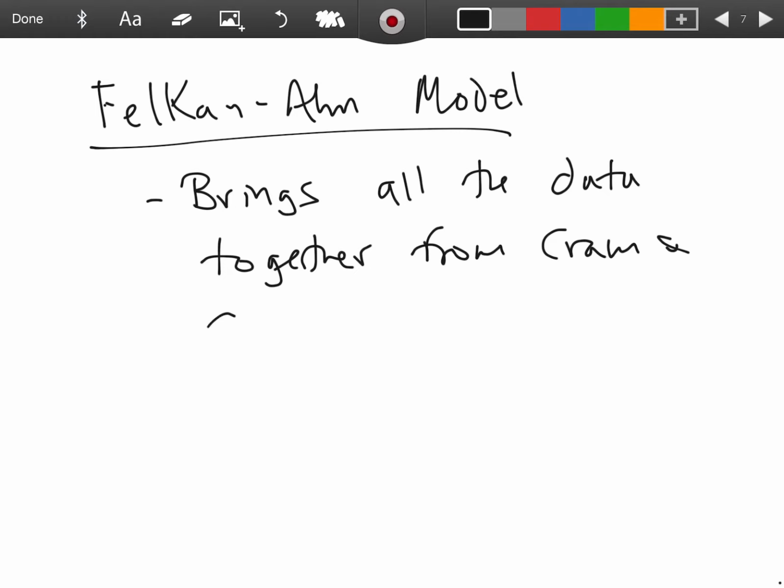That's not the issue. But the Felkin-Anh model does a better job of explaining all the data and all the observations.